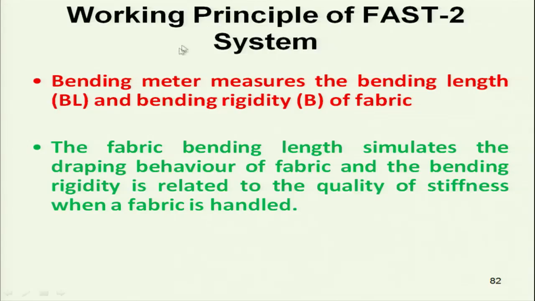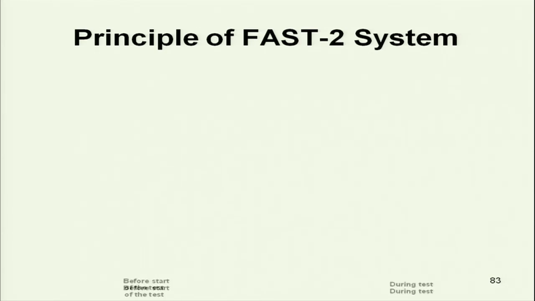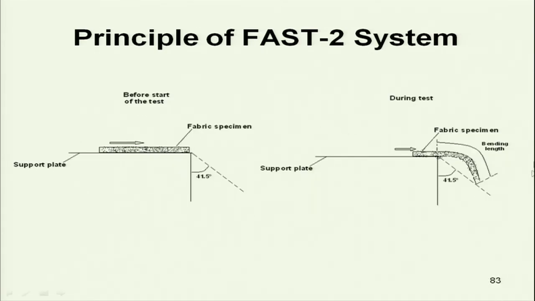Similarly, bending is again very simple, similar to the normal stiffness tester, but with a software attachment we can get the data from all these modules, first 1, 2, 3, 4, and finally we can plot the FAST chart.